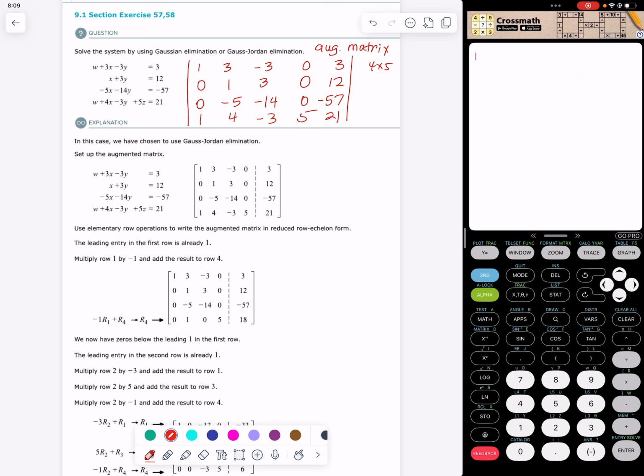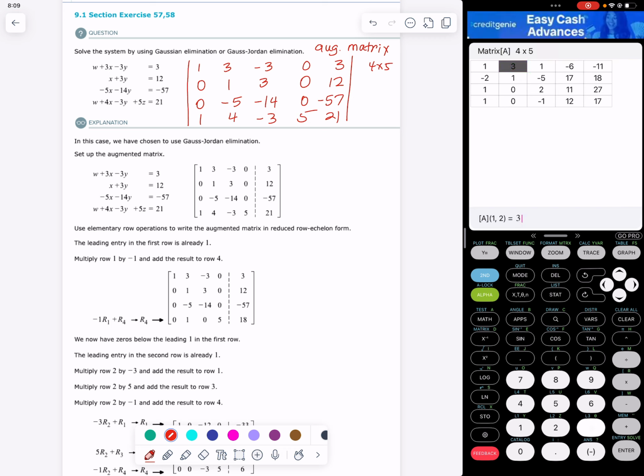Let's do it again. 2nd matrix. I want to edit matrix A. I do have a 4 by 5 already, and you can clear these if you want, but I just like to type right on over these, and you can type pretty fast.